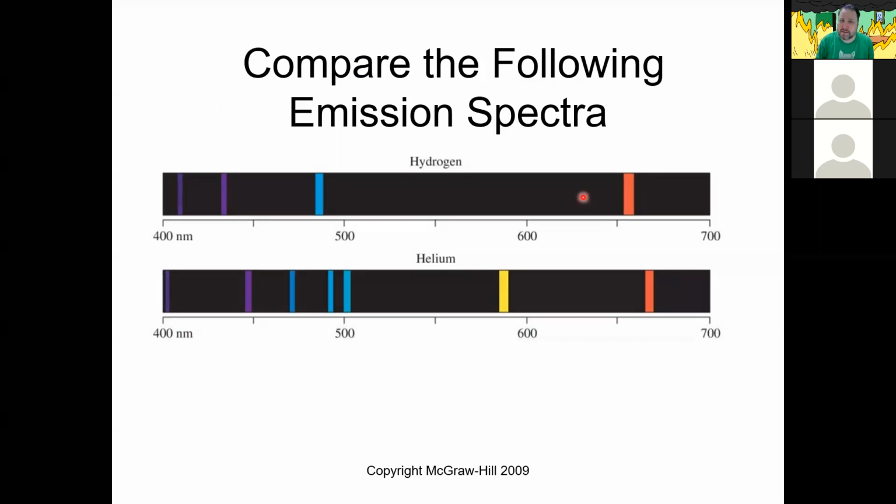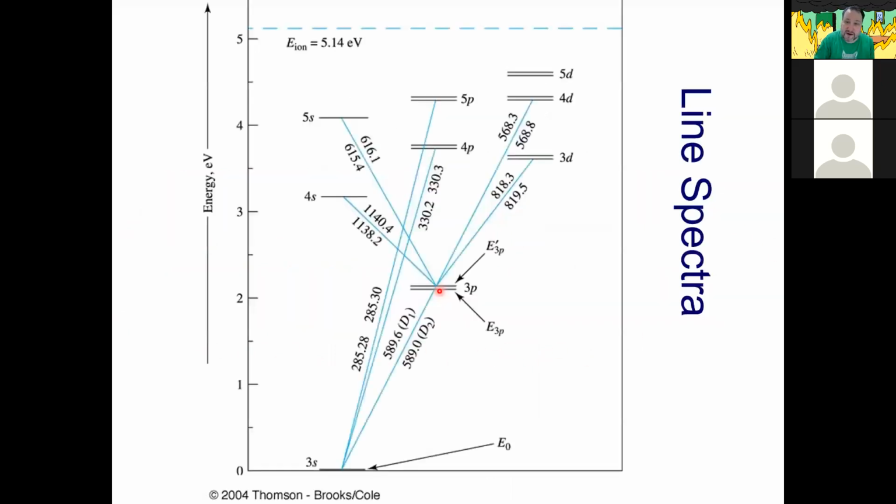The Rydberg equation, which you may remember from Chem 120, is going to be able to describe this for you. It gets a lot more complicated as soon as you add an extra electron and an extra proton and go to helium. Helium starts getting more complex, and by the time you get into other things, it can get even more complex, and so you're going to start to see lots and lots of lines.